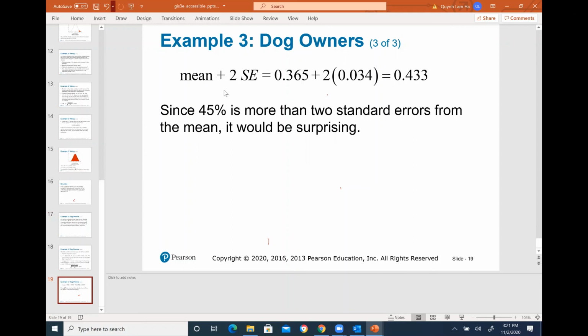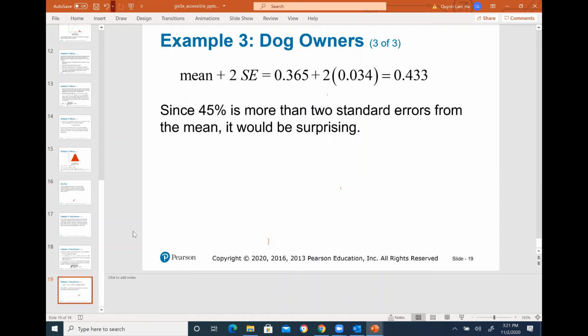But this time they only look at the right side, because 45% looks like they're asking whether it's more than 2 standard error. Then you can test just plus 2 SE to figure it out. And 45% looks bigger than the actual value you found from the mean. So that would be surprising.